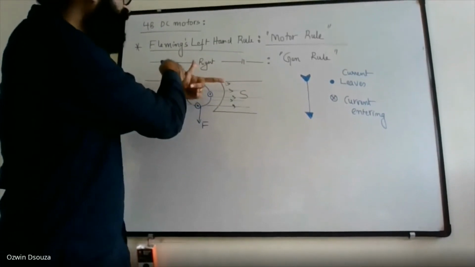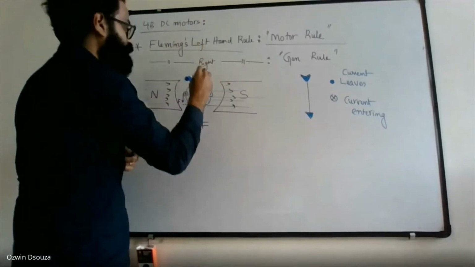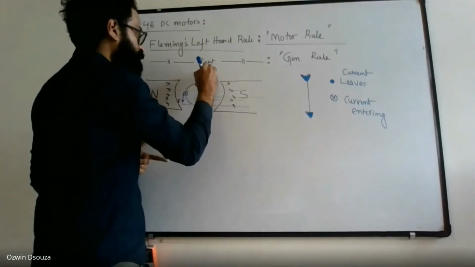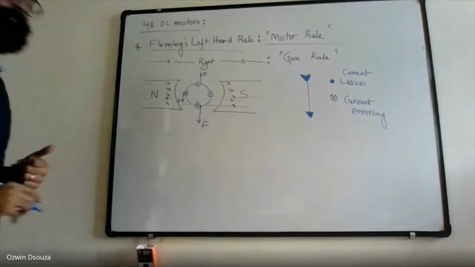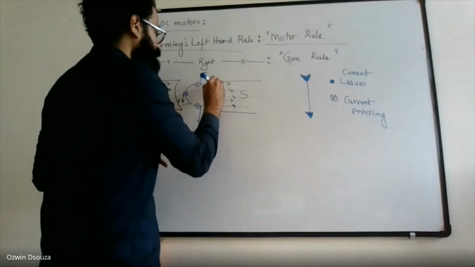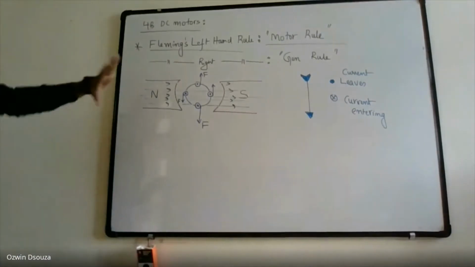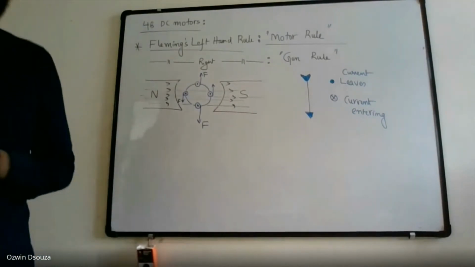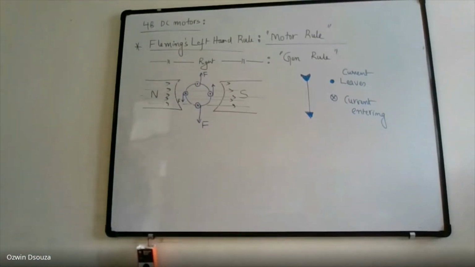Now you can see that the thumb is pointing upwards. So the direction of force is upwards. Similarly, over here also, the direction of force is upwards. So basically, what are you seeing? You're seeing something like this.